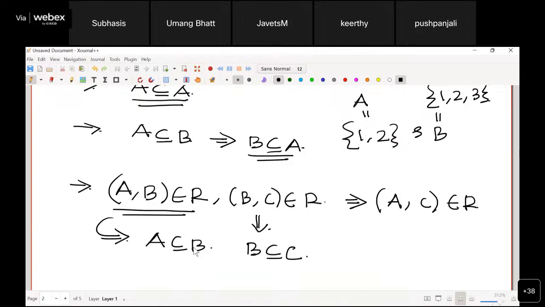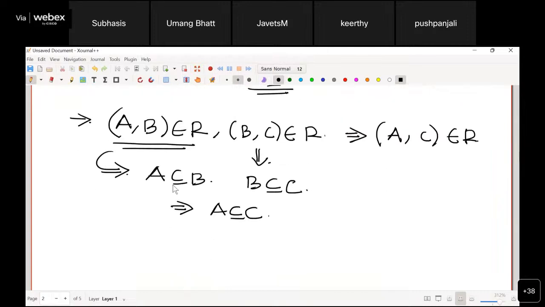So A is a subset of B and B is a subset of C. That means A is a subset of C, because all the elements of A are contained in B, and all the elements of B are contained in C. So all the elements of A are contained in C. That means A is a subset of C.